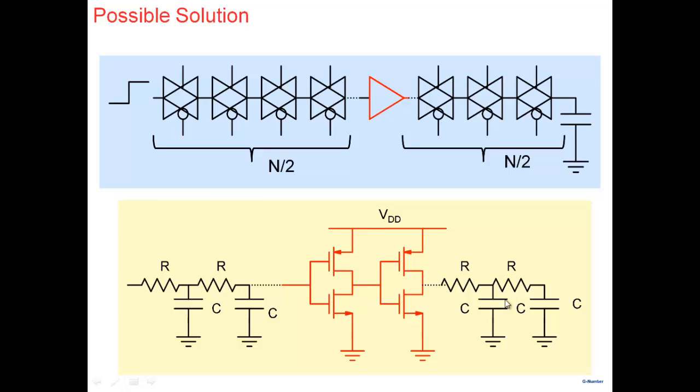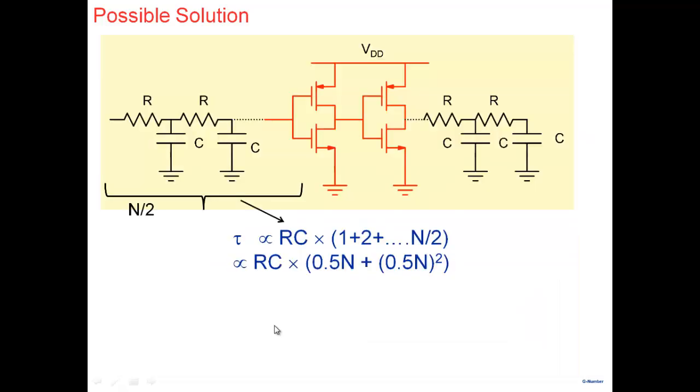So you've broken the transmission line into two parts. This will have a delay of RC (1 plus 2 plus N by 2), and this will have another N by 2, so 0.5N and 0.5N squared. And overall delay with the buffer would be tau equal to 2 times tau of N by 2, since this is an N by 2 transmission line and this is an N by 2 transmission line, and then in between there's a delay due to the buffer.